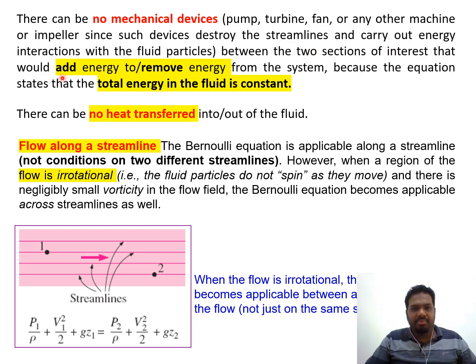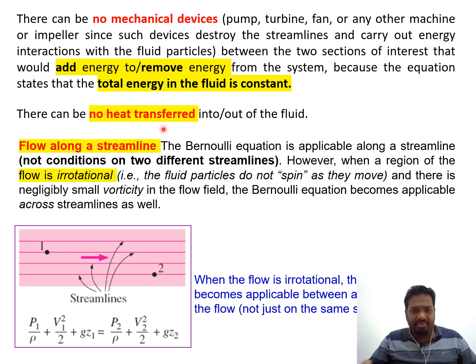Any devices that can add energy or remove energy from the system are excluded, because for the equation to be valid, the total energy of the fluid must be constant. So there can be no heat transfer in or out.